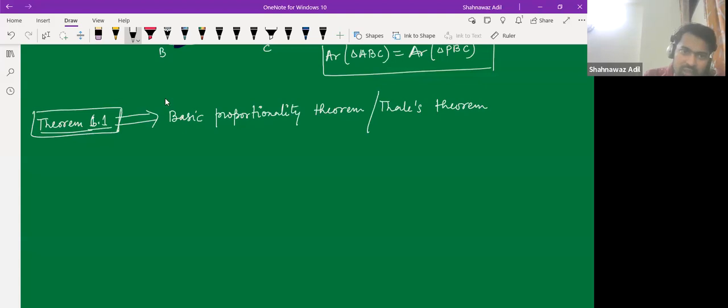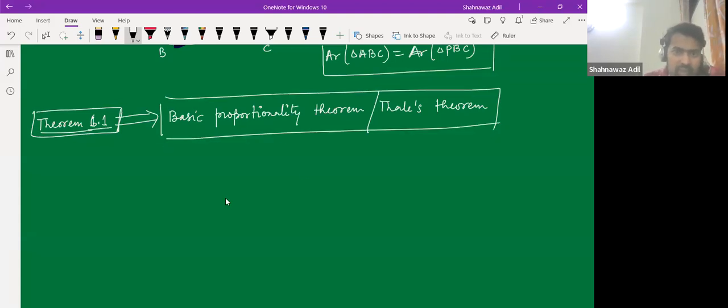Right. So this is the name of this theorem. And what does it state?